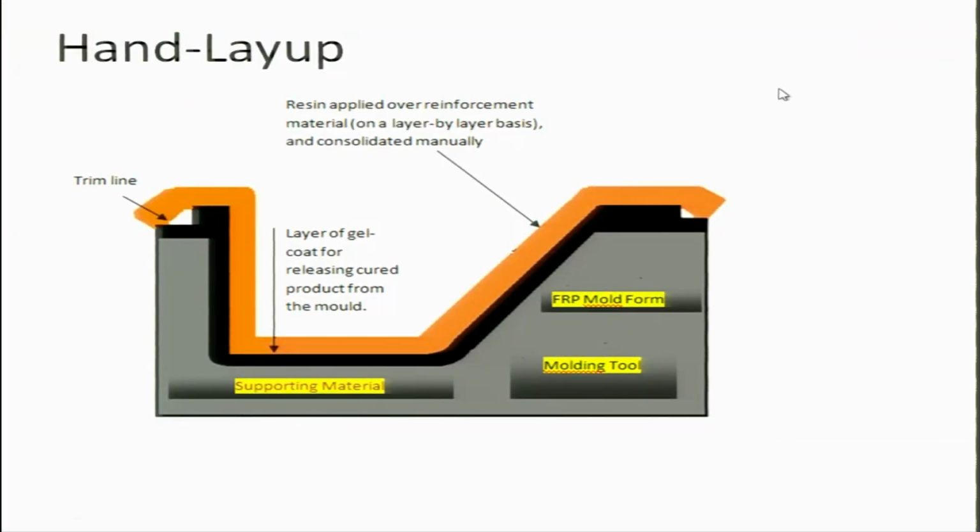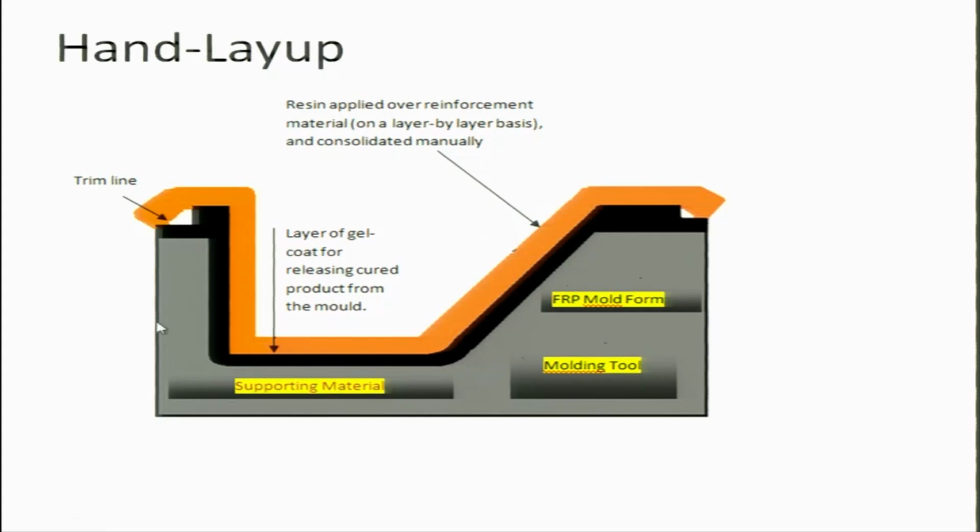So this picture is about the hand layup process. Okay. So what do we see here? So here we have a mold, and suppose you want to make the material which is indicated in dark black, this is the shape we want to produce. So first what we do is we make a mold.